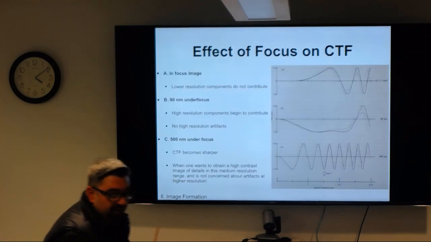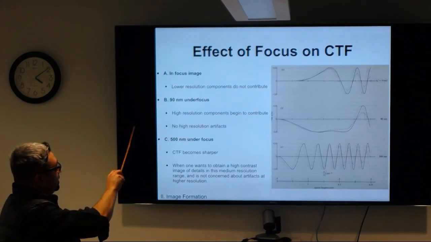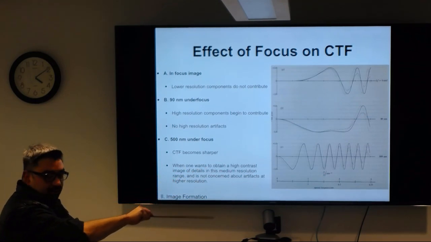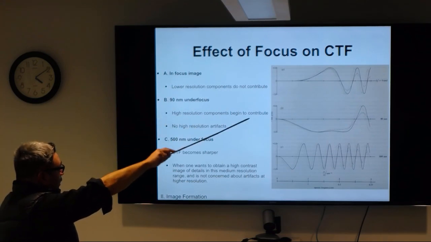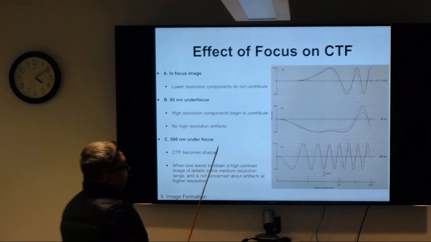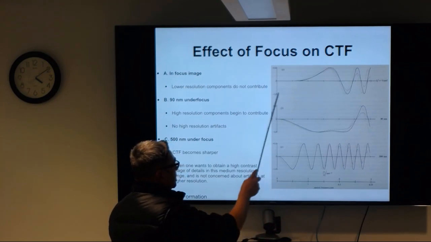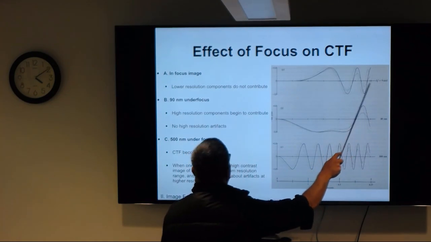To actually go into the paper, these are 3 different focusing CTFs. At the top you have in focus, and I want you to think about the spatial frequency. This is low spatial frequency and this is high spatial frequency.